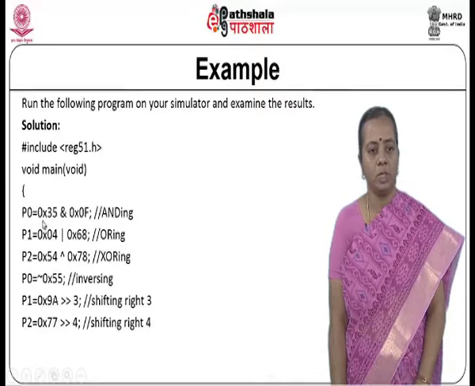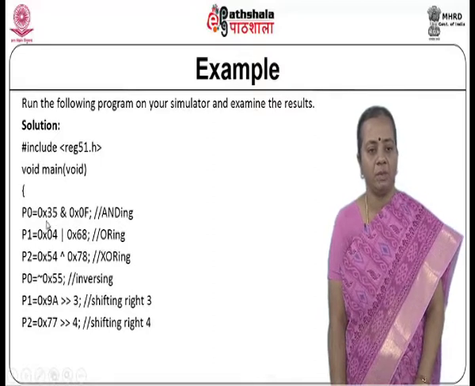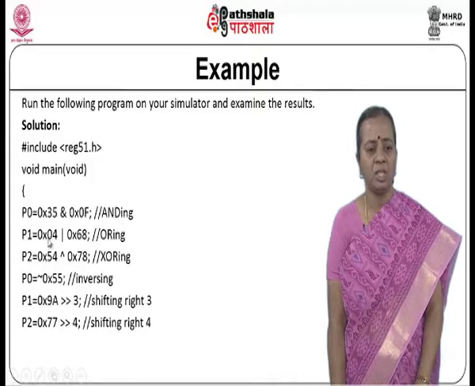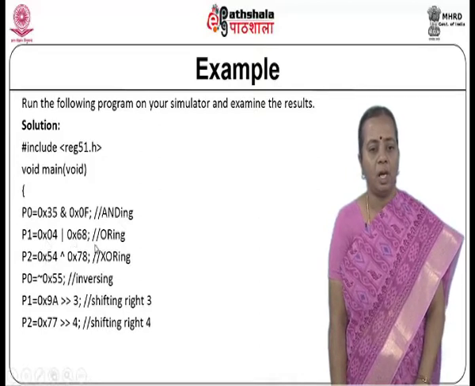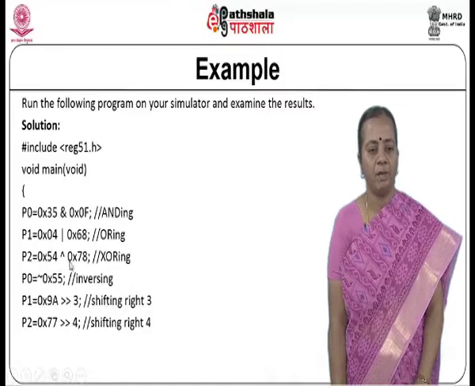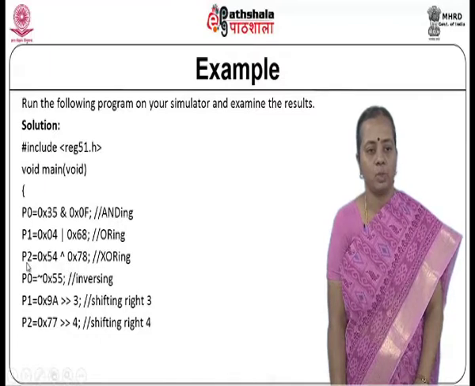So, P0 is equal to 0x35 ANDed with 0xFF, these two values are bitwise ANDed, and the result will be pushed towards port 0. And 04 ORed with 68, these two are hexadecimal numbers, the result will be given at port P1. So, when you are looking at 54 XORed with 78, these two are hexadecimal numbers whose result will be placed at your P2.